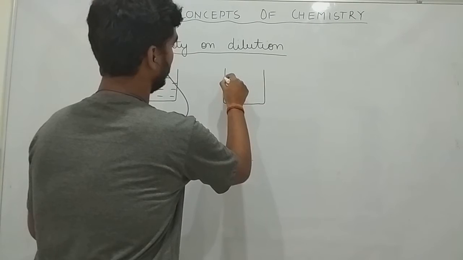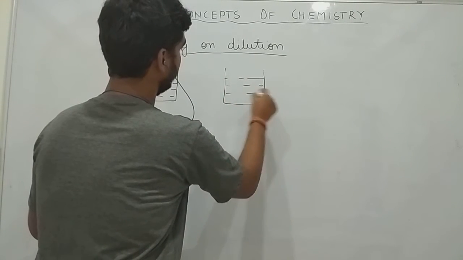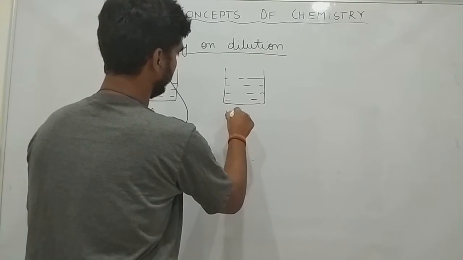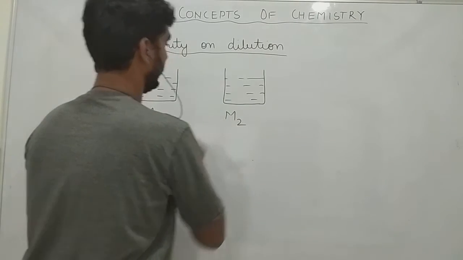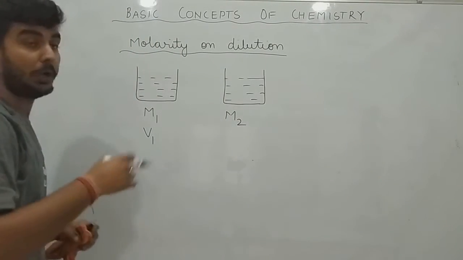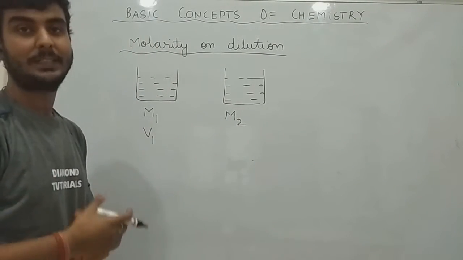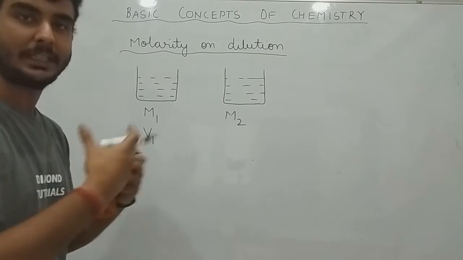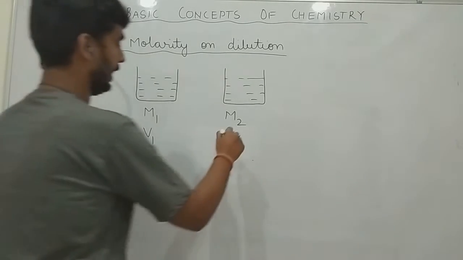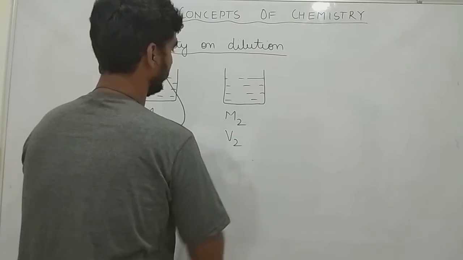I have diluted that solution, and then its molarity will definitely change. Its molarity becomes M2, and when I have added solvent, its volume will also increase, and its volume becomes V2.